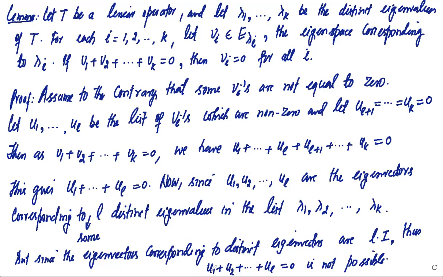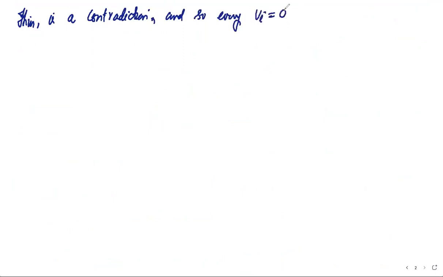But here the coefficients of these eigenvectors are equal to 1. So this linear combination equal to 0 is not possible. Therefore we have a contradiction, and so every vi is equal to 0.